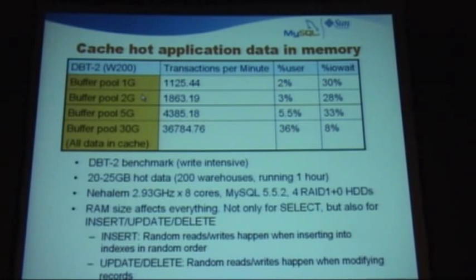Increasing to 2 gigabytes, the throughput increases to 1,800. By increasing to 5 gigabytes, TPM improves to over 4,000. And if all data is cached, the throughput becomes 36,000 TPM. So memory size is very important.